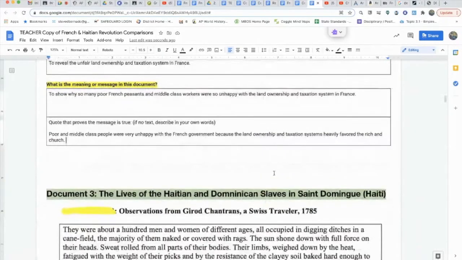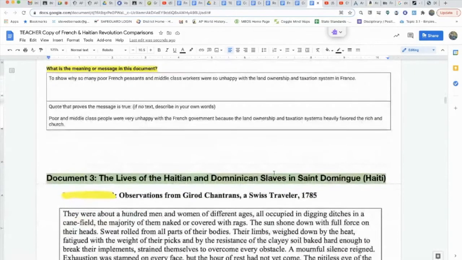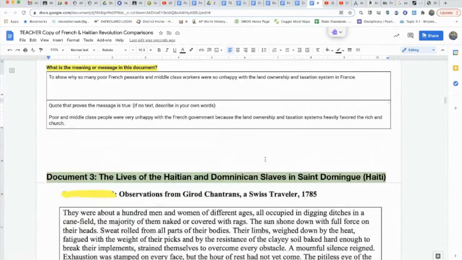So now we've used secondary historical documents to look at what was life like in Latin America, where people from Spain, Britain, and France had all the power.